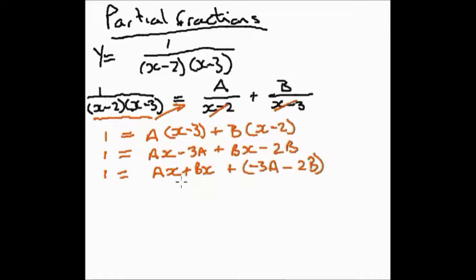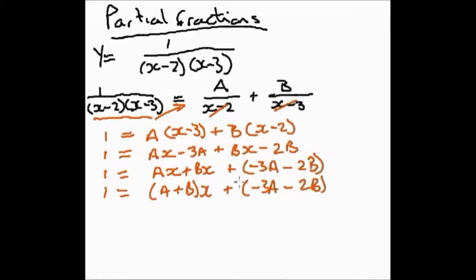What I've done there is brought my x terms into one area and my A and B terms into another, and if I extract the x out of that first term, I get (A plus B)x, minus 3A minus 2B.